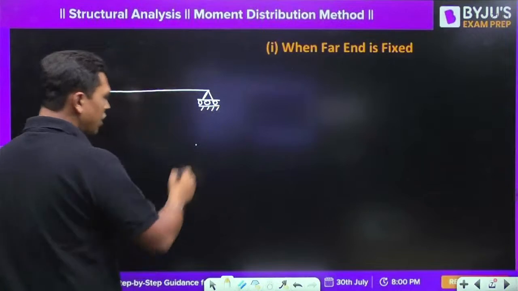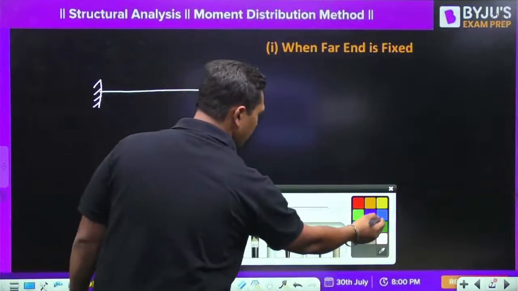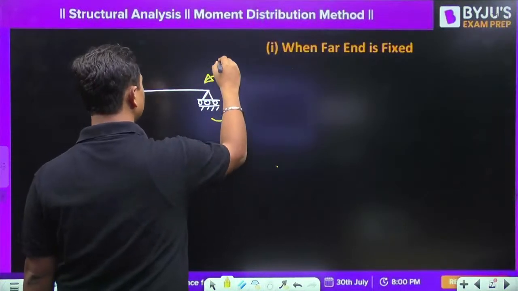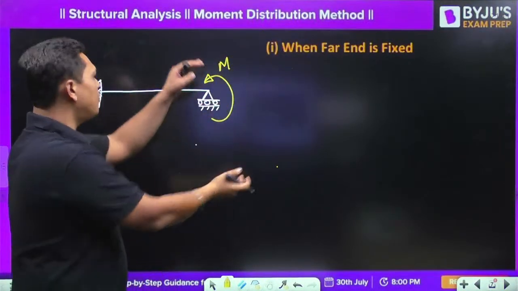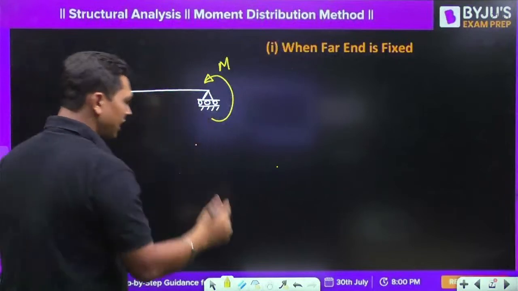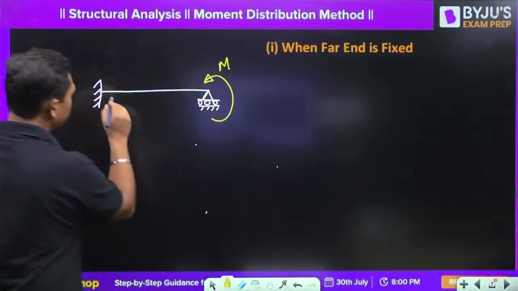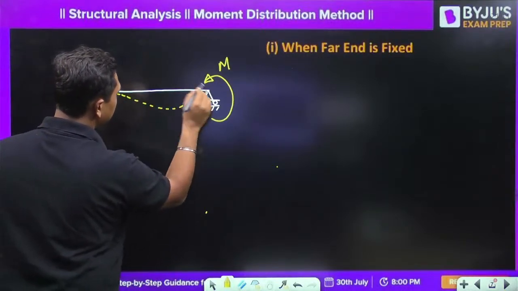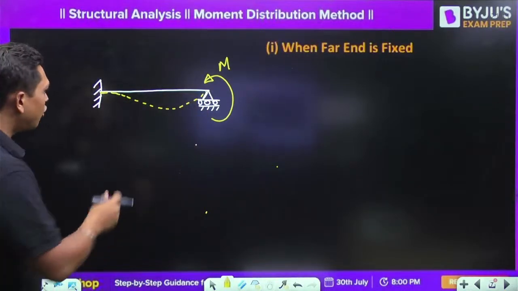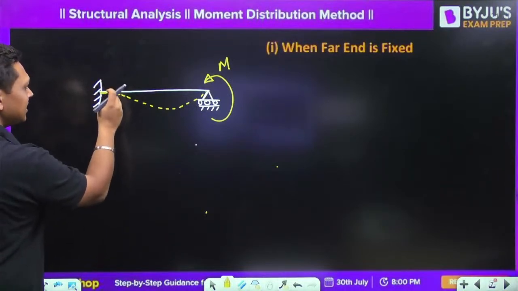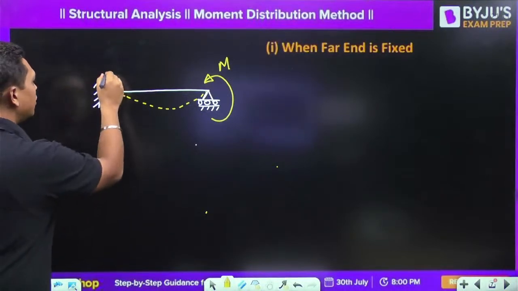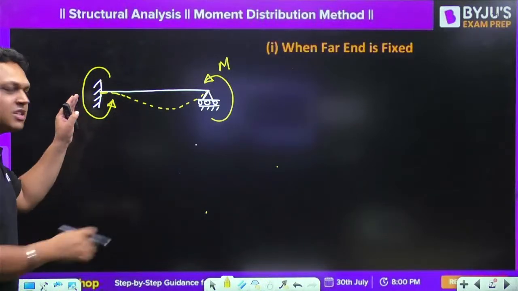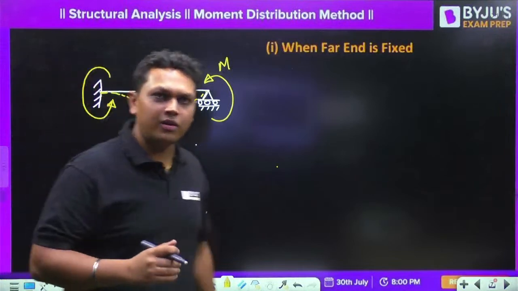Now if at this end you apply a moment of M, so due to this M moment applied over here, the beam would like to bend like this. Over here, there is theta equal to 0, due to which a resisting moment will be developed over here at the fixed end, which is making this theta equal to 0 over here.